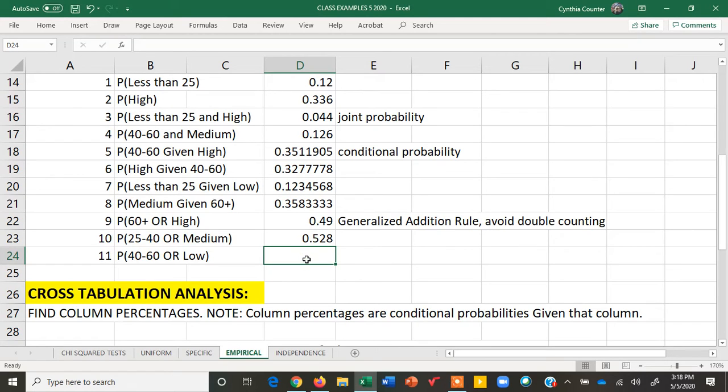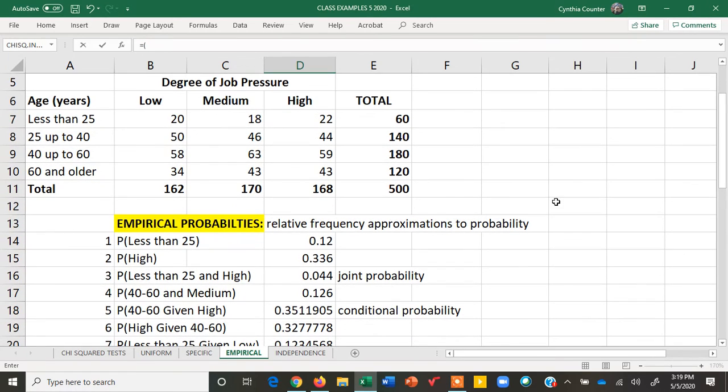One more of these: equals, open parenthesis, 40 to 60 or low. 40 to 60, the total in the 40 to 60 age group is 180, plus the total in the low category, 162, subtract the value in the intersection of the age row and pressure column, which is 58.